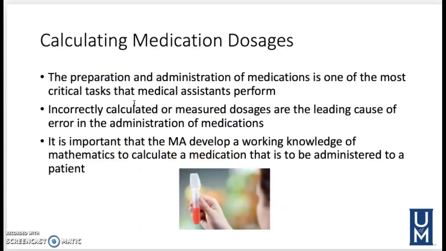Okay. Moving on, we are going to talk about how we actually calculate those medication dosages. So we talked about how the provider calculates how much they want to give the patient, but we also need to be able to calculate how much we're giving out of that medication vial or bottle or however it is dispensed.